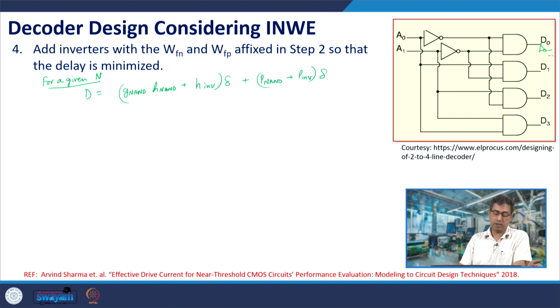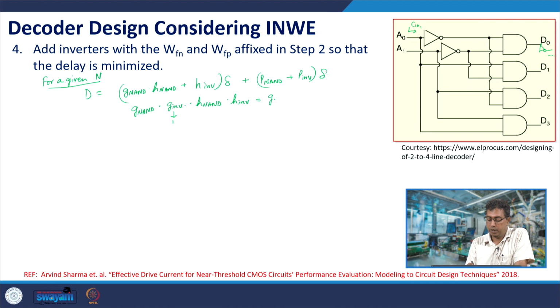So, what is the optimum? We know that G NAND into G inverter, which is 1, into H NAND into H inverter is a constant.